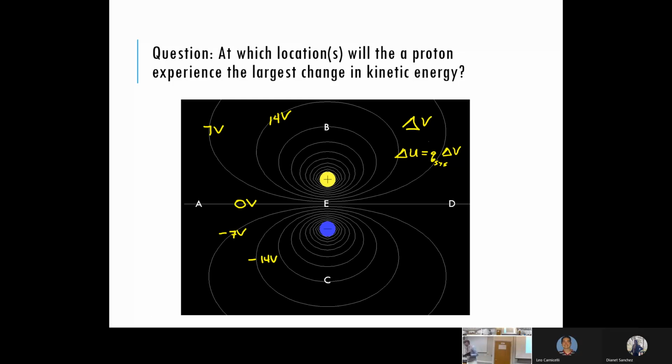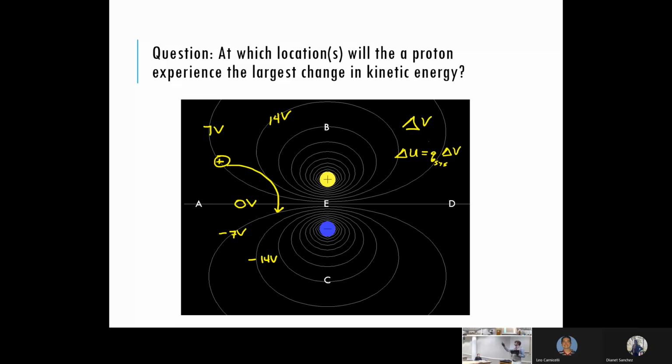Imagine for a second, I move a proton from this equipotential surface, and let's say I move it down to here, right there. What's the change in potential energy? Let's start there. 14 volts.